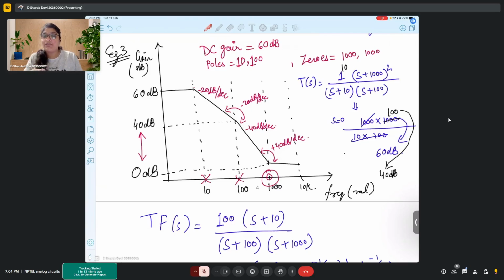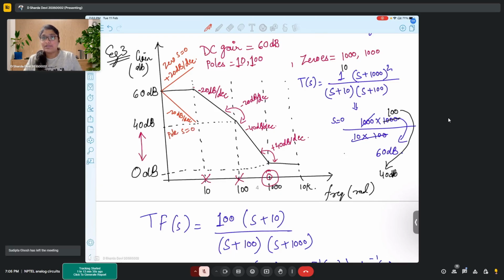But what will happen if you have a pole at zero or a zero at zero? Your graph will start increasing from here only, with plus 20 dB per decade, if you have a zero at s equal to 0. And your graph will start reducing from here itself with a slope of minus 20 dB per decade when you have a pole at s equal to 0.